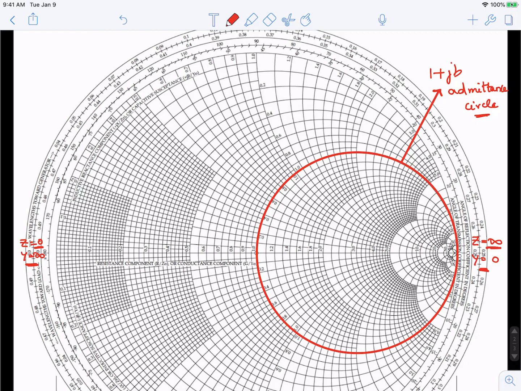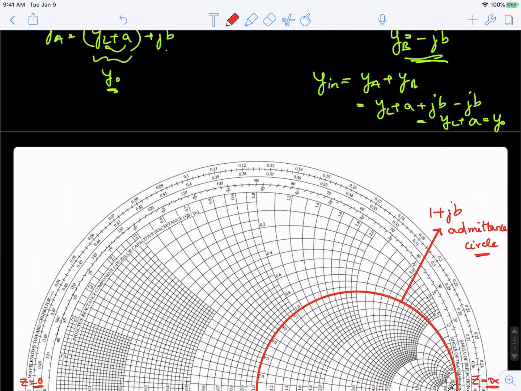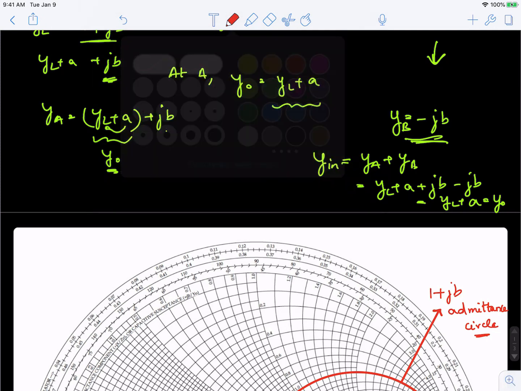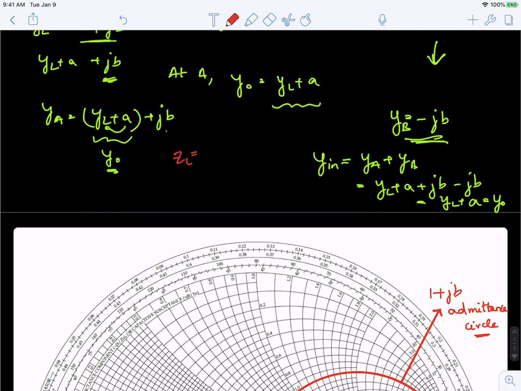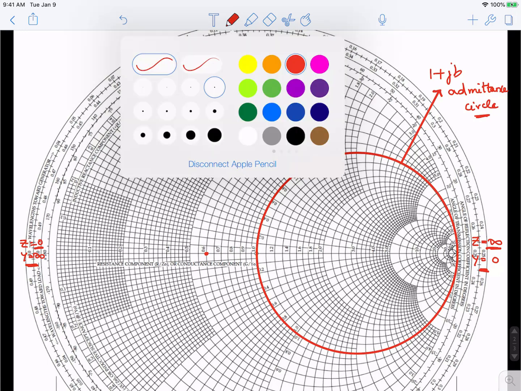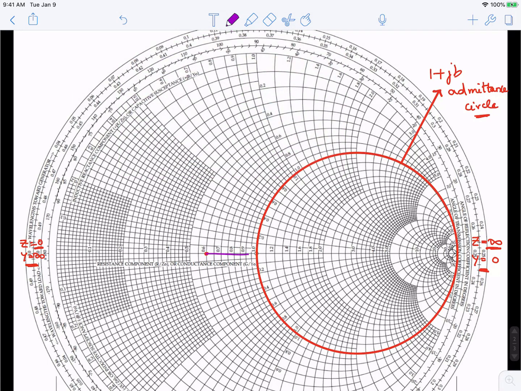We'll first find out what the load impedance is once it is normalized. We know that the normalized load impedance ZL is equal to 30 ohms by 50 ohms, that is equal to 0.6. So let's write the normalized impedance at this point. This is our load. Let's mark the load impedance and then also find out what the load admittance is, because we have a parallel circuit.